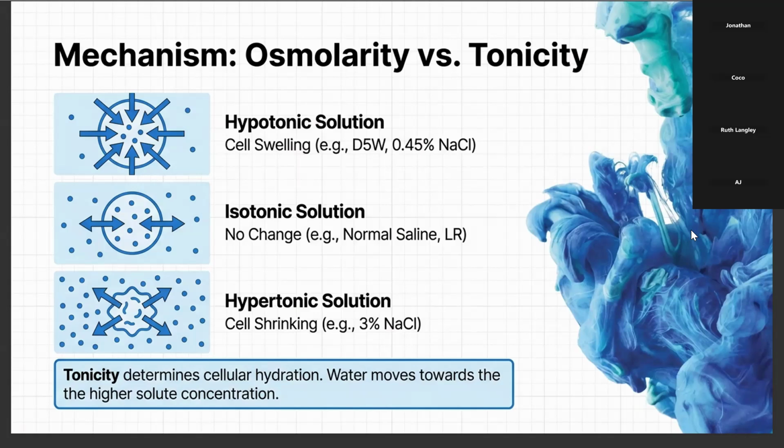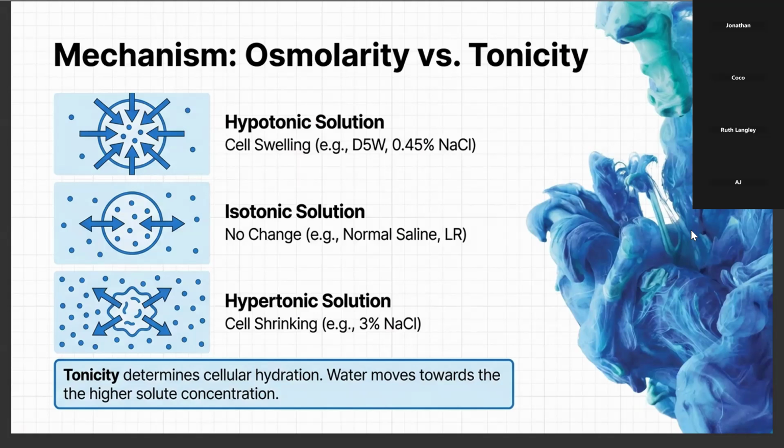And 0.45% normal saline. The normal saline we give is 0.9% normal saline. So there's not a great deal of difference in the salt content in that saline as compared to the cells. If there were, then salt would move one way or the other, and what always follows salt is water.